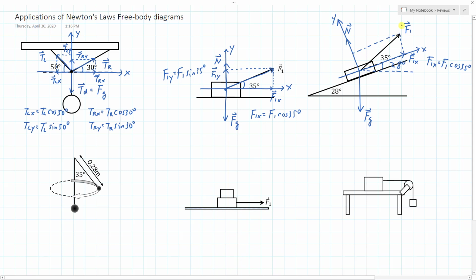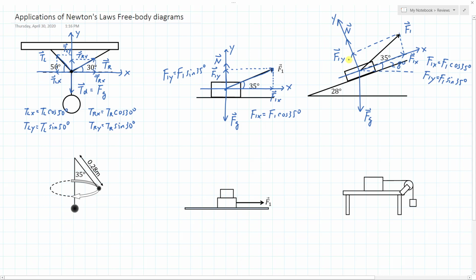Okay, got it approximately correct. So this is F1y, and F1y is F1 sine, same angle, 35 degrees.